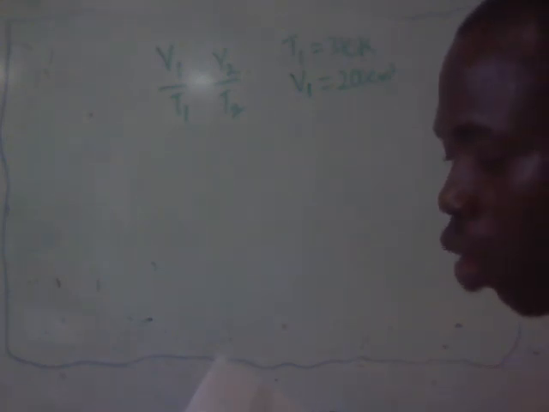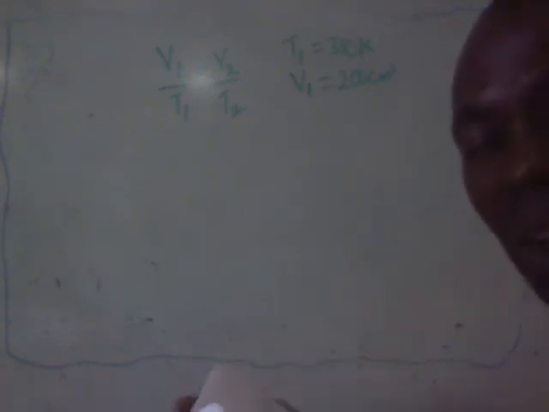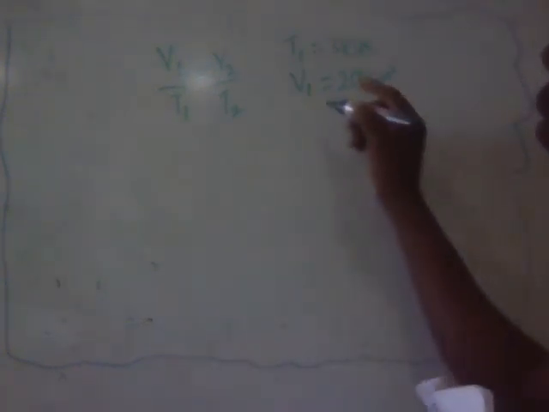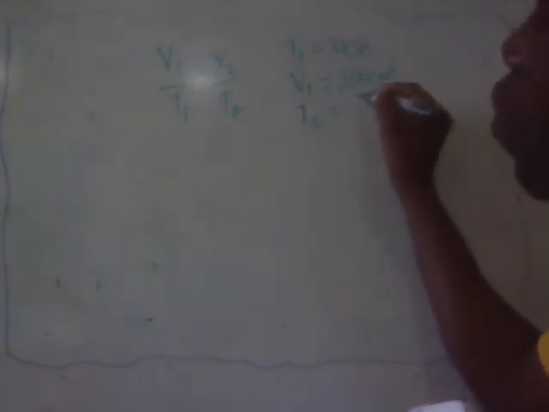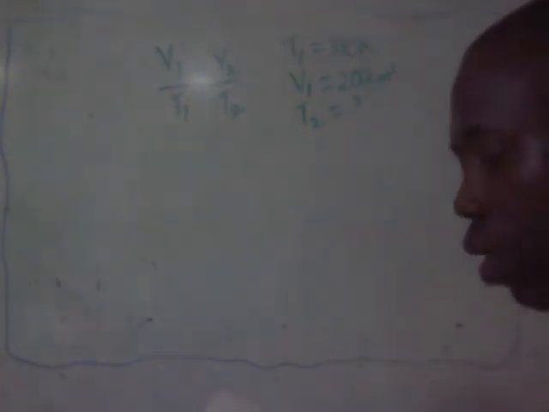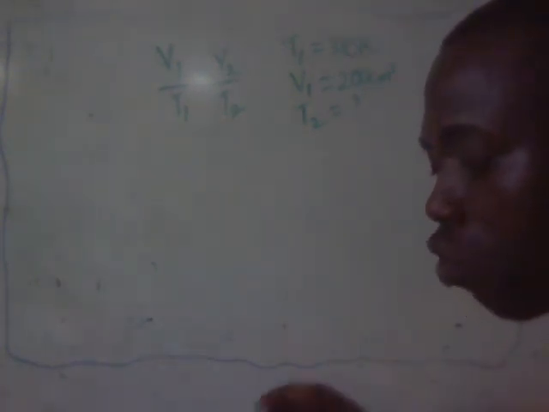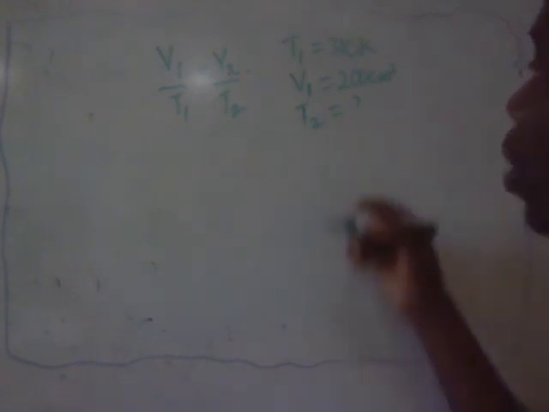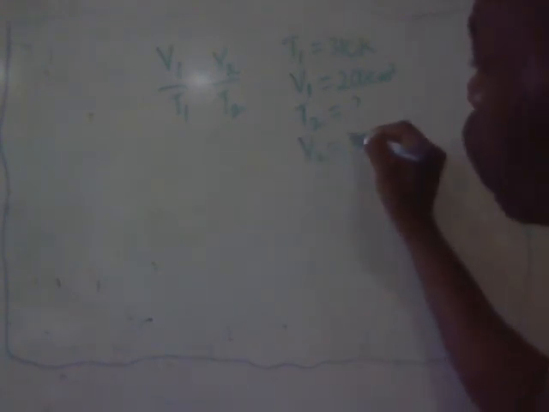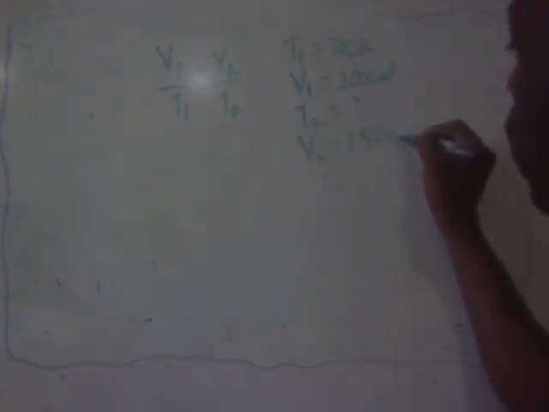Determine its temperature in Kelvin, that is unknown, the second temperature, T2, equals question mark. If the volume becomes 250 centimeter cube, that means V2 is 250 centimeter cube.